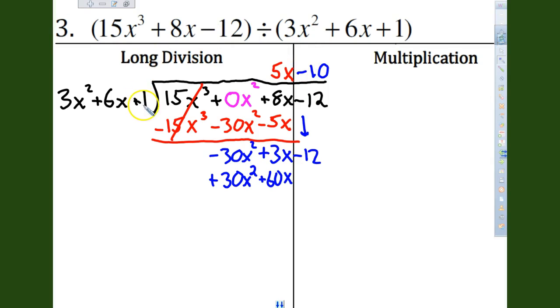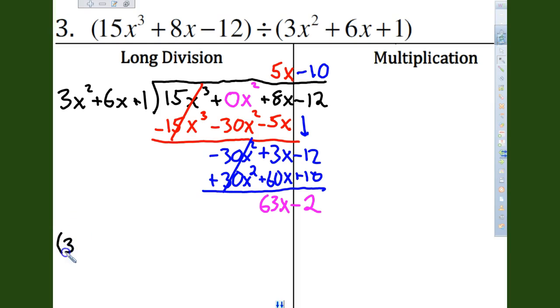And negative 10 times 1 is negative 10, switch the sign, positive 10. Got a cancellation, and our remainder will be 63 minus 2.